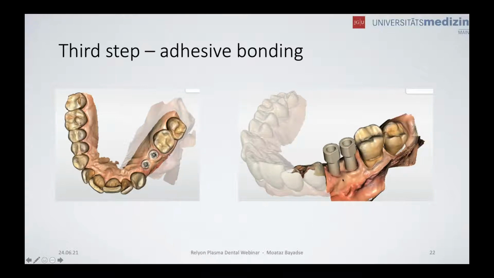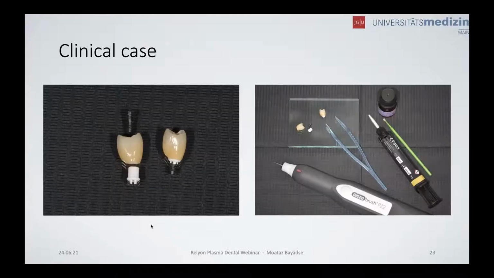We placed the scan bodies and scanned them in order to design, mill and produce the crowns. Those are the crowns, and this is the so-called abutment, which gets into the implant. In order to attach the crown to the implant, you have to bond this abutment into the crown.